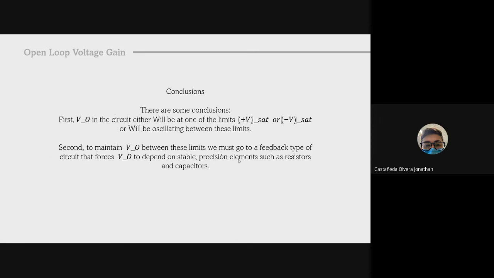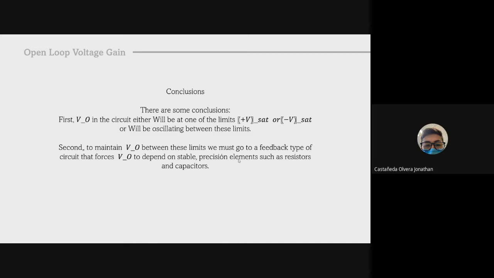The conclusions. There are two conclusions to be drawn from these brief comments. First, the output voltage will either be at one of the limits, plus saturation voltage or minus saturation voltage, or will be oscillating between these limits.